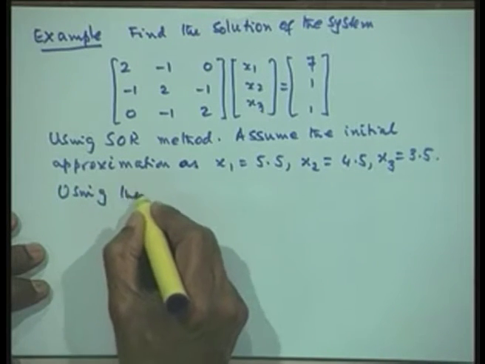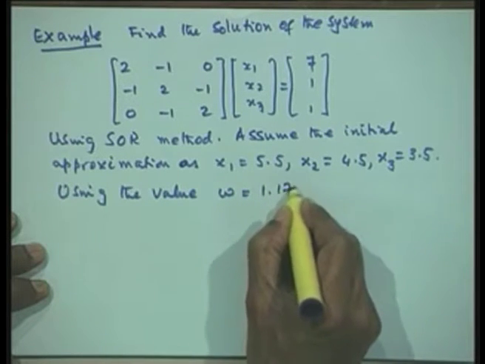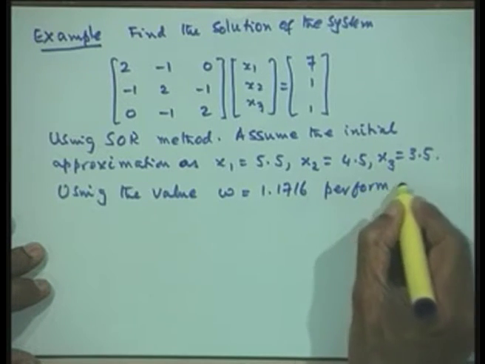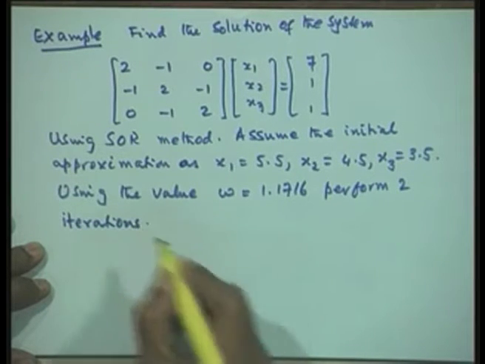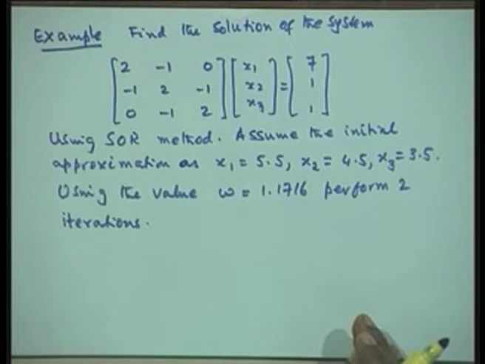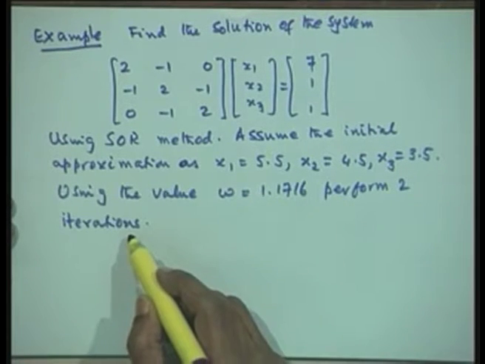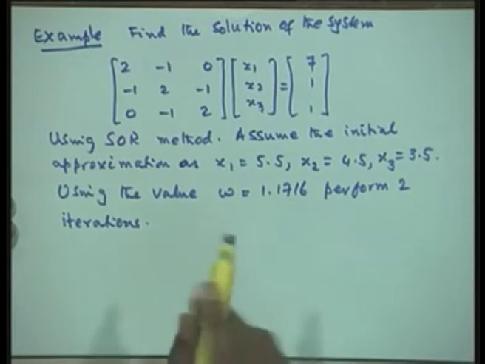Using the value omega is 1.1716, perform 2 iterations. Now, here we are given the initial approximation, we have also given the omega value, and we need 2 iterations of this SOR method, and we shall see later on how we are going to obtain this value of omega.